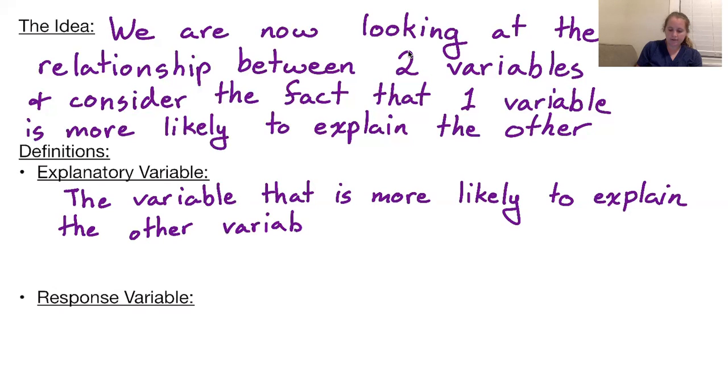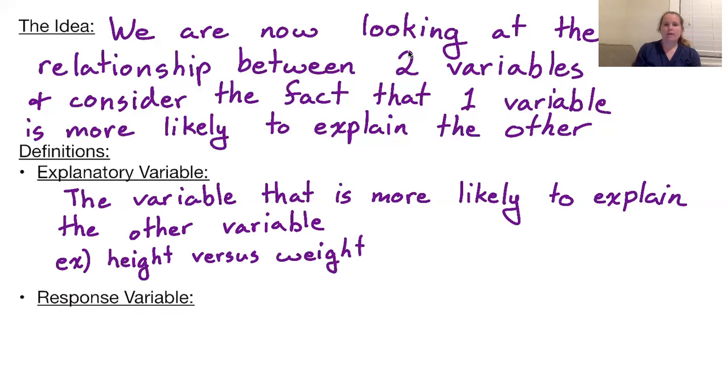So in the last video, we were looking at height and weight. So if we consider height versus weight, it makes much more sense that someone's height might influence their weight than that their weight should influence their height.